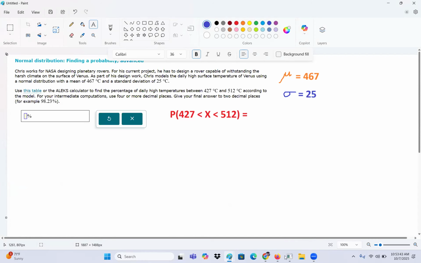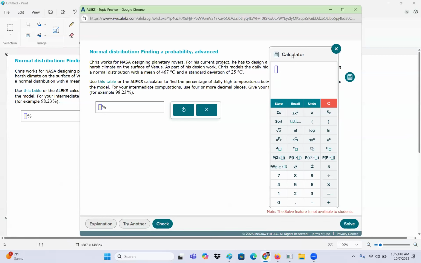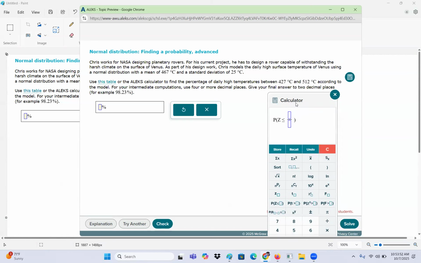So all we have to do is simply take the calculator, and find the P of Z. We take the second x first, 512 minus the mean 467 divided by 25, and we subtract the probability of Z. We do the same thing: 427 minus 467 over 25.